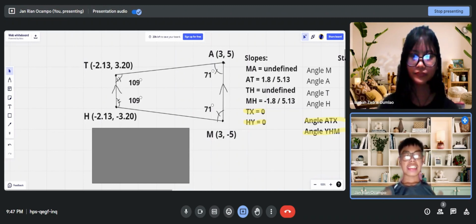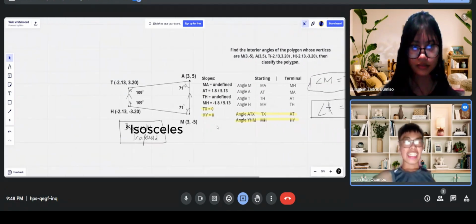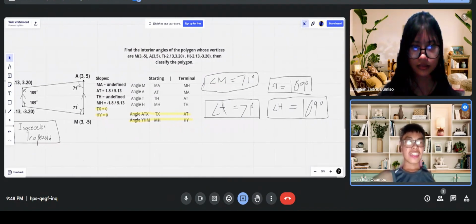Just from the parallel sides, we can assume that this quadrilateral is a trapezoid, as it has one set of opposite sides that are parallel to one another. Additionally, since the base angles are congruent to one another, it means that this is an isosceles trapezoid. And that is the final classification and the answer to this question.